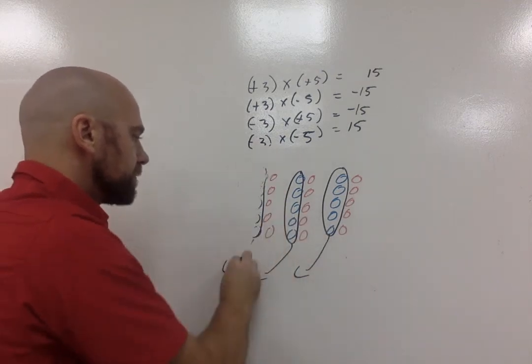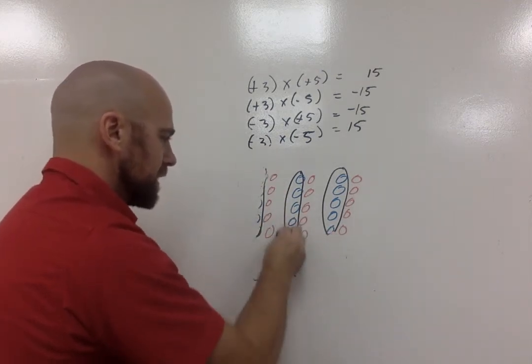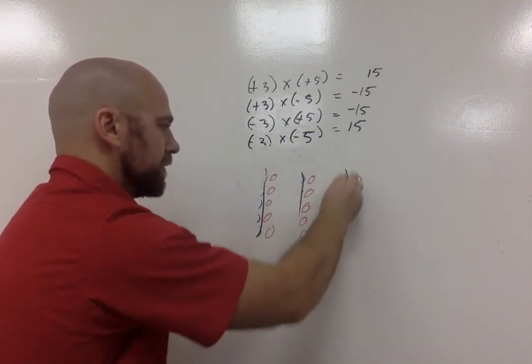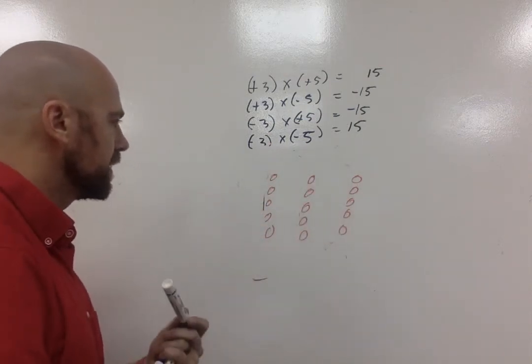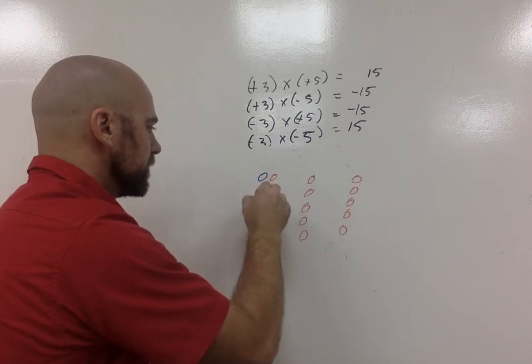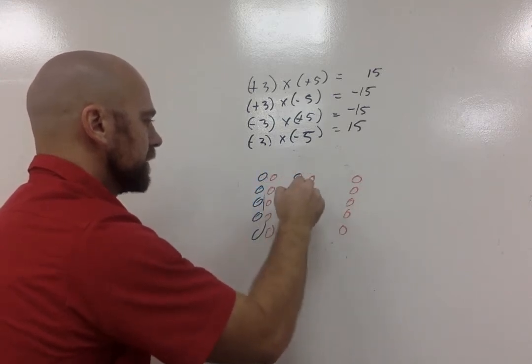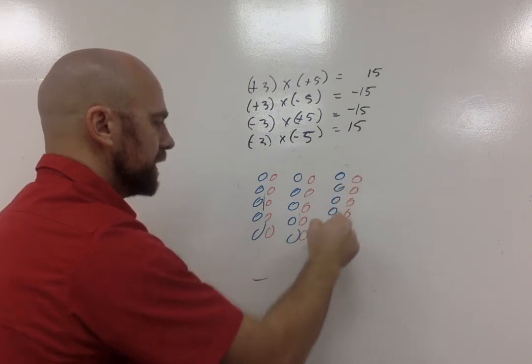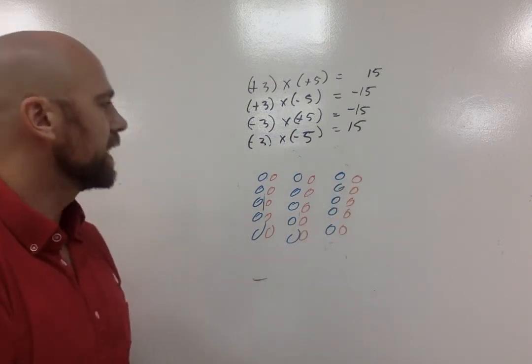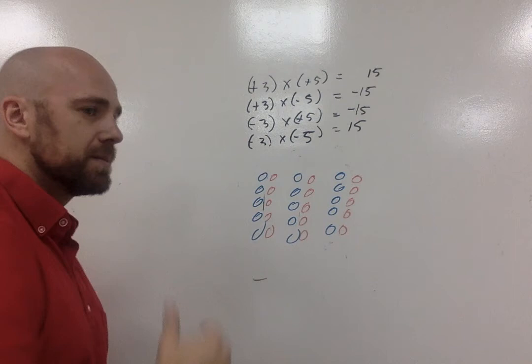Okay? So let's see what happens in the last example. Okay, I'll have to redraw my positive integers here quickly. So I've got 1, 2, 3, 4, 5, 6, 7, 8, 9, 10, 11, 12, 13, 14, 15. Okay, the last example is saying negative 3 times negative 5.